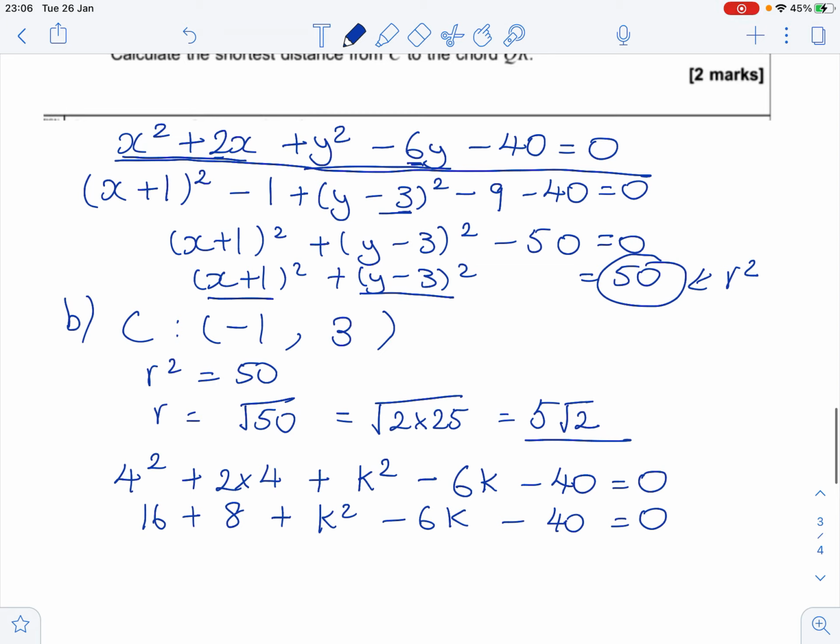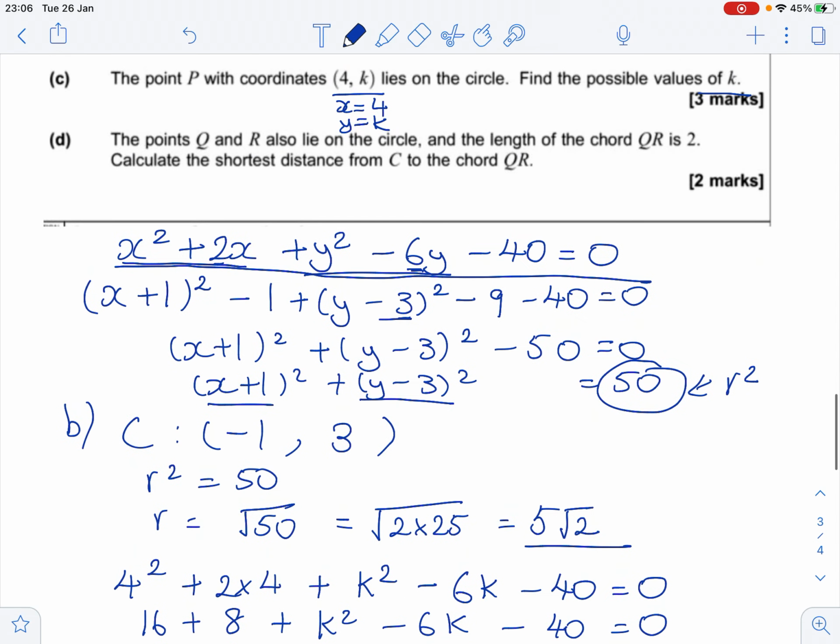Then simplify. 16 plus 8 is 24, minus 40 is minus 16. Then we have k squared minus 6k minus 16 equals 0.